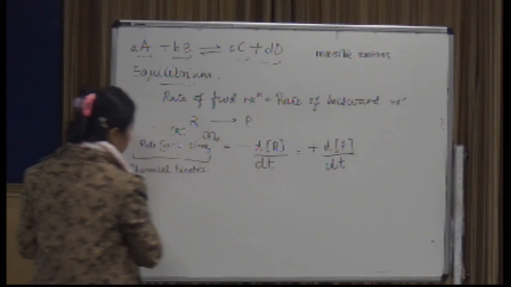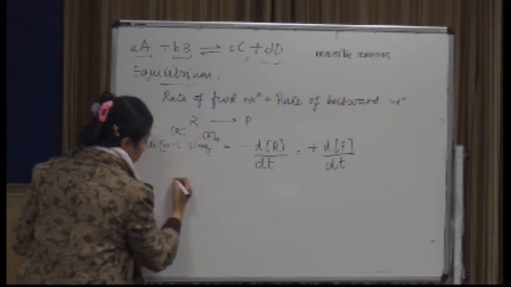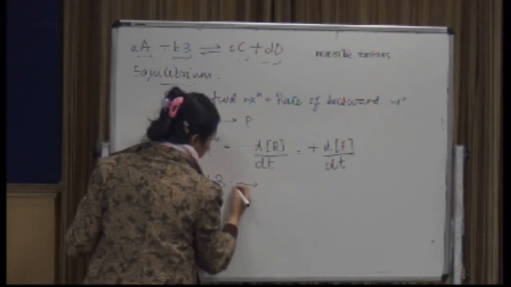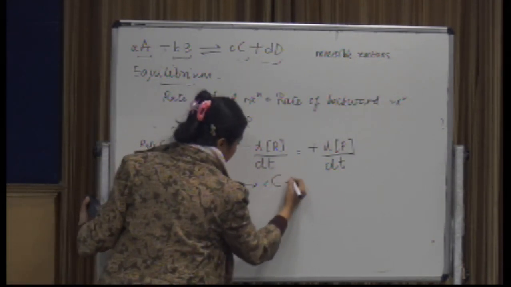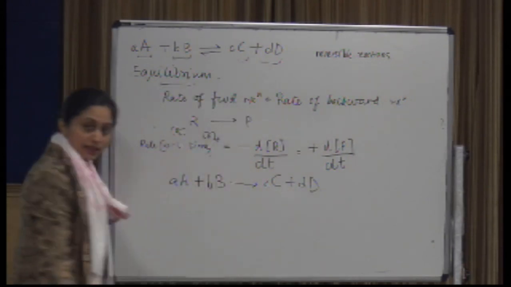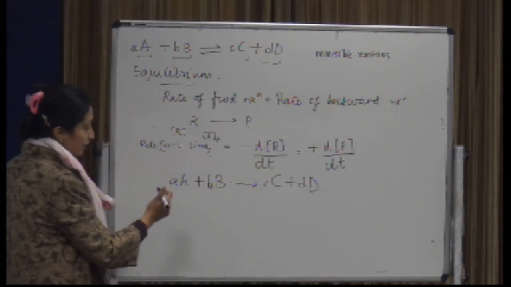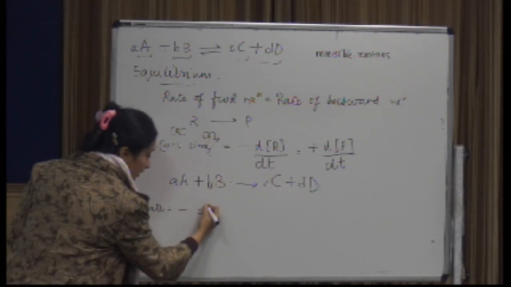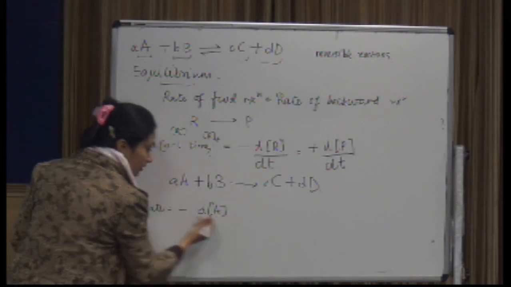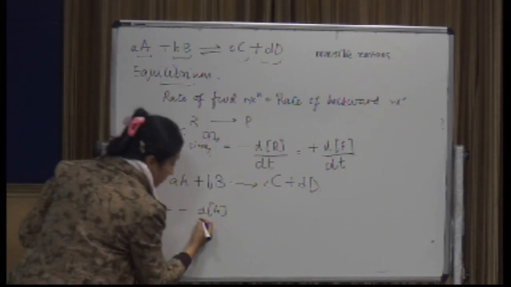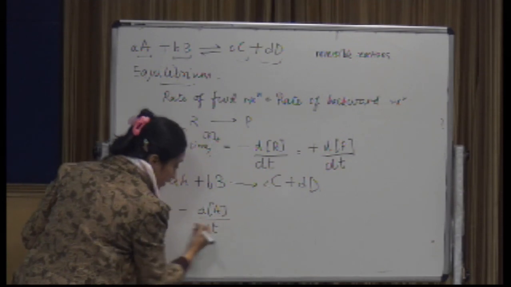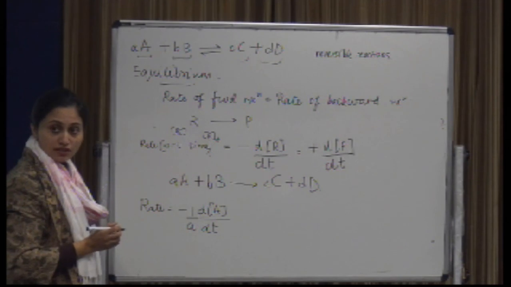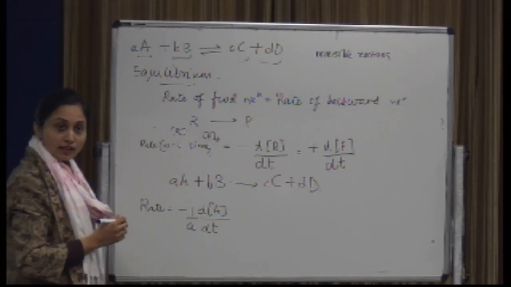Now if I replace this with another reaction, say aA plus bB giving cC plus dD. If this is the reaction, now in this case, let me tell you, the rate will be equal to minus d[A], the concentration of one of the reactants, by dt, divided by its respective stoichiometric coefficient. That will be equal to minus 1 by a d[A] by dt.